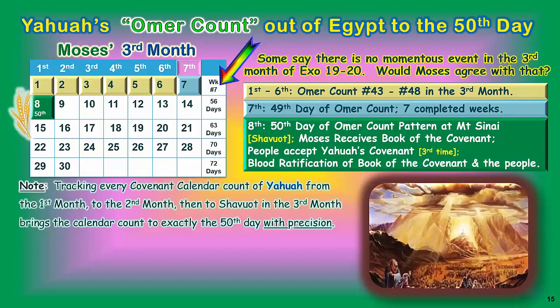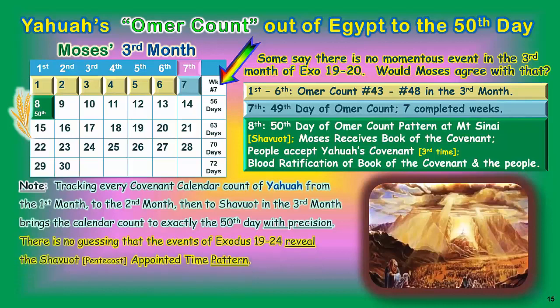The detail that is in there is absolutely phenomenal. When we write here that is exactly the 50th day with precision, that is not an exaggeration. It is absolutely incredible how Yahuwah orchestrated their exodus to Mount Sinai.